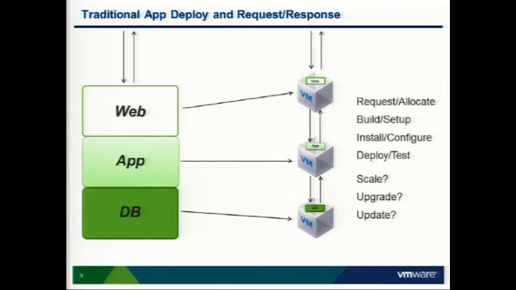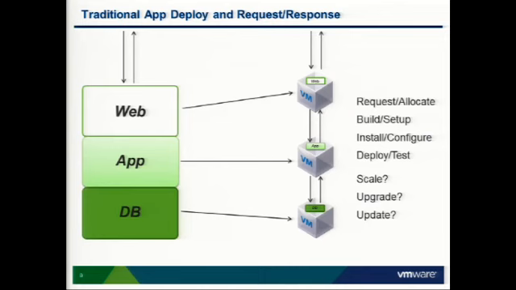A traditional application deployment, think of a three-tier app. You have a web layer, an app layer, and a database layer. It's common for enterprise applications. Traditionally, if you were doing this style of deployment using vSphere, you would commonly have a VM for your database and another VM for your app.